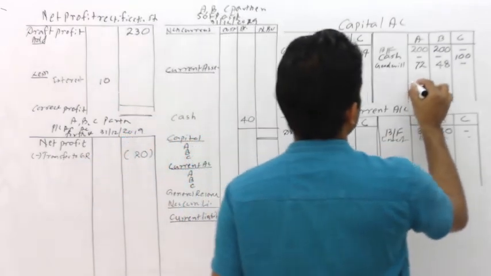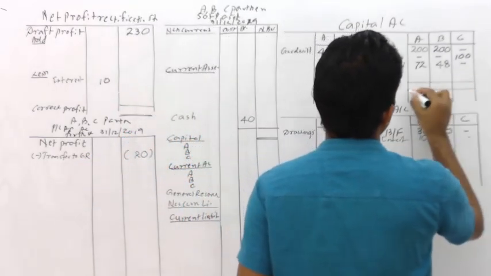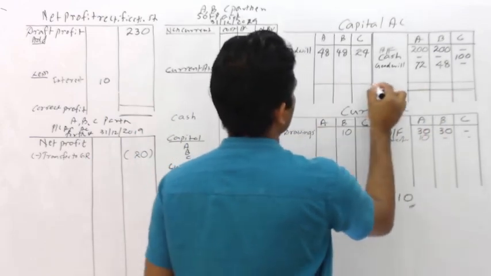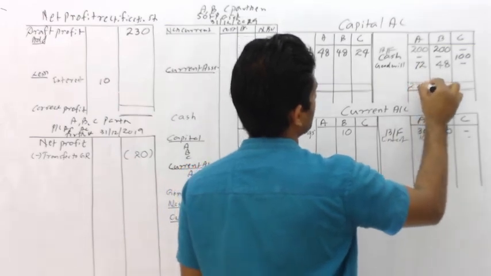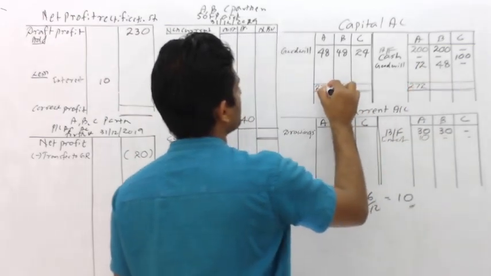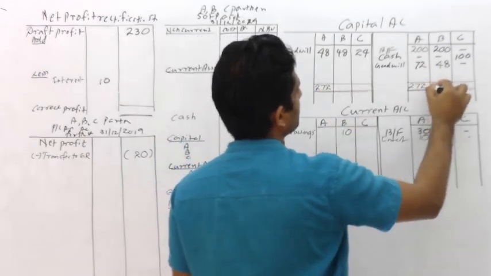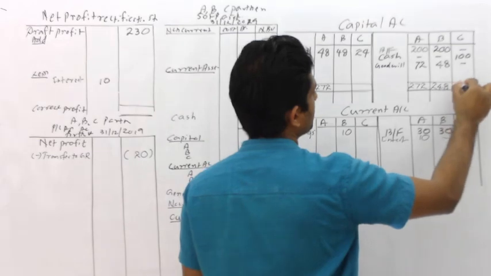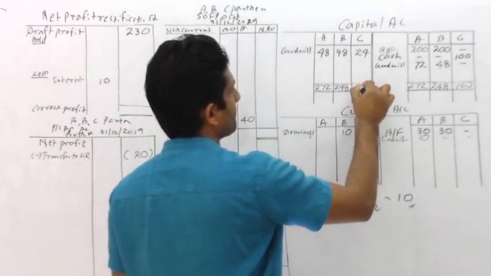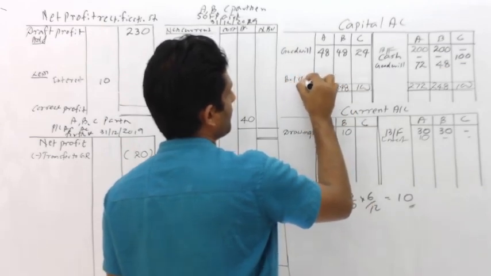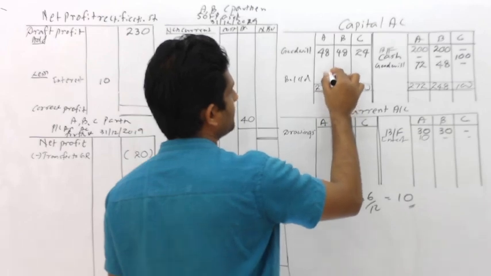So, the balanced capital accounts of partners, no more adjustments are affected here. Balance carry down.